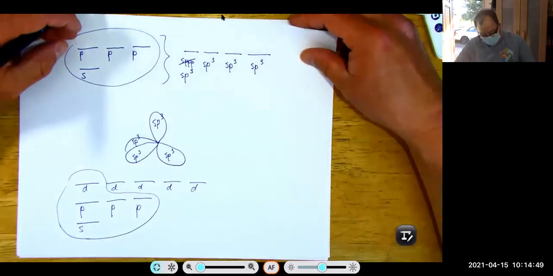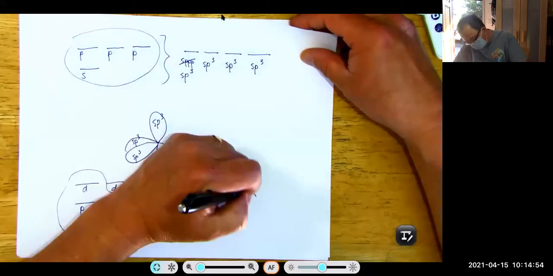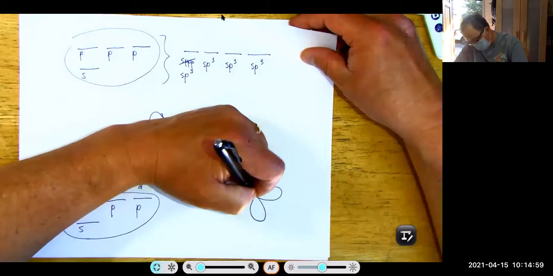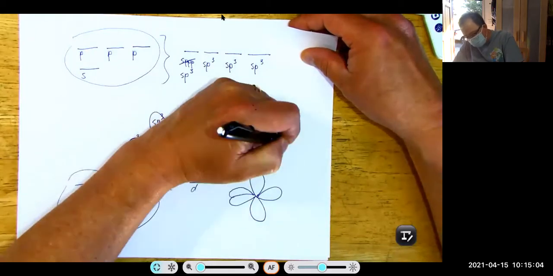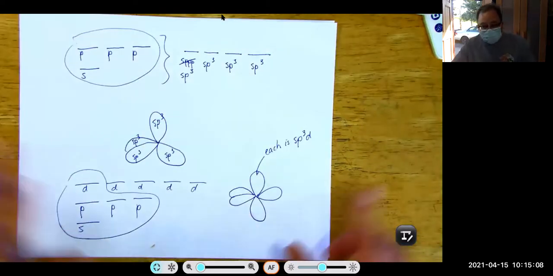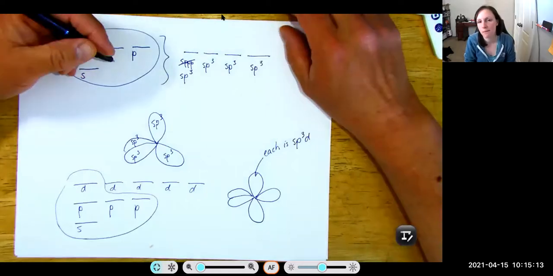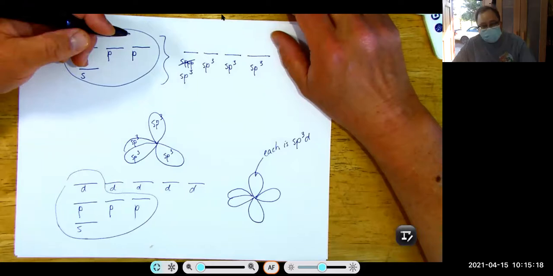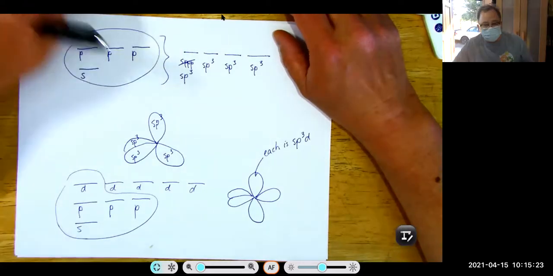So these five are going to look like this, where each is sp3d. Now, notice I'm not drawing the d's in. Do you know why? They don't really participate in bonding. So only the hybridized d does. Right. And it only does so as part of a hybridized orbital.